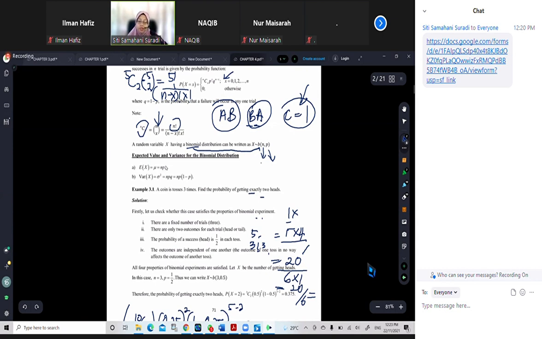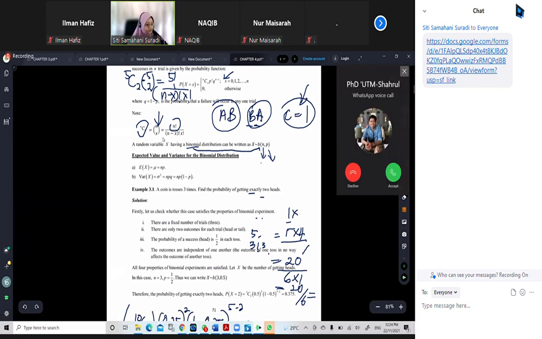So probability must not be more than 1 lah, okay? While the variance is sigma squared, you just need to multiply the trials, with the success probability and the failure probability. So basically you can also write np(1 minus p). So that one.